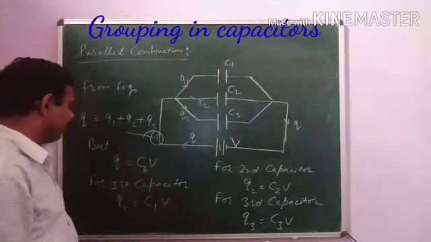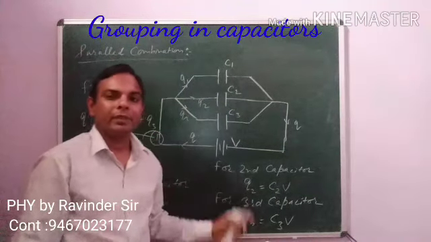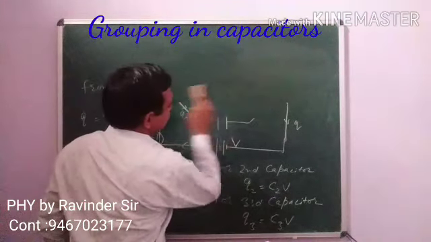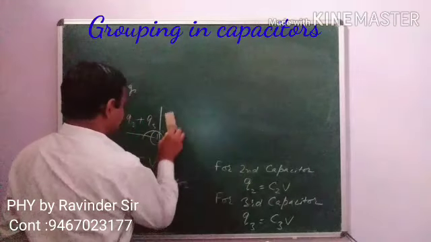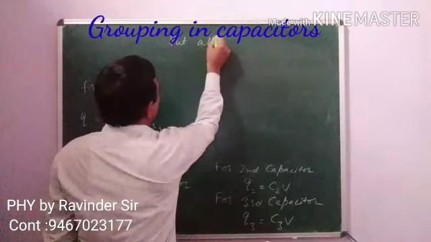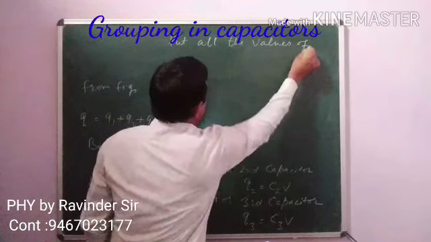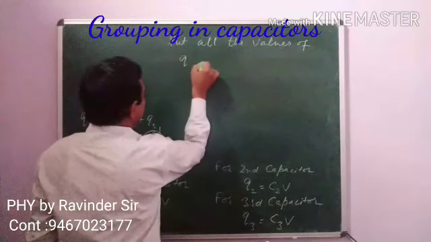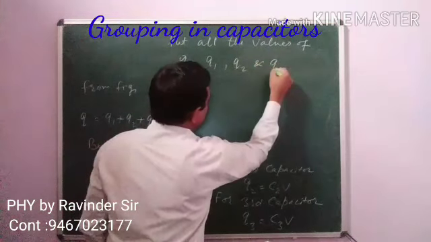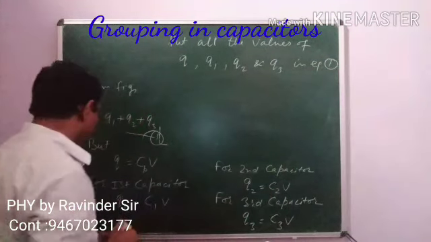Now put all these values of Q, Q1, Q2 and Q3 in equation number first.